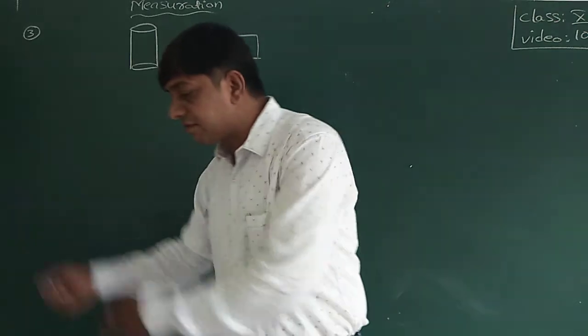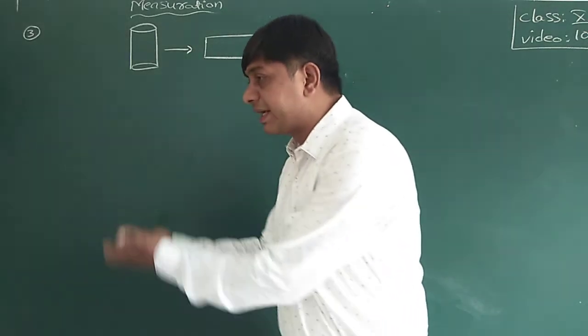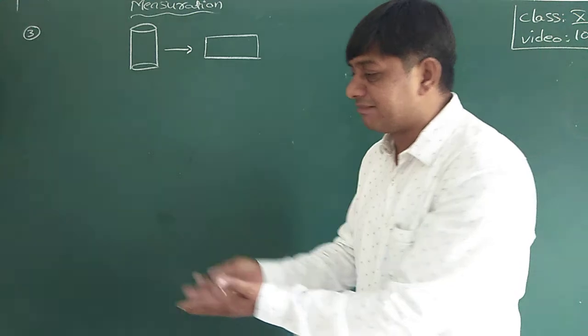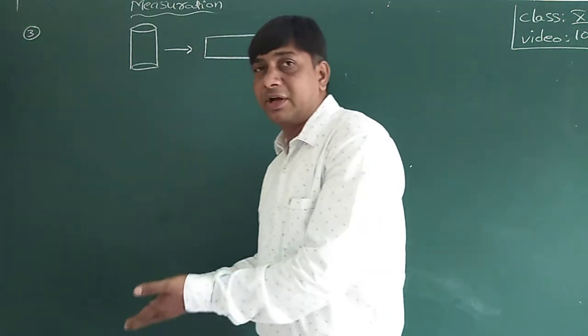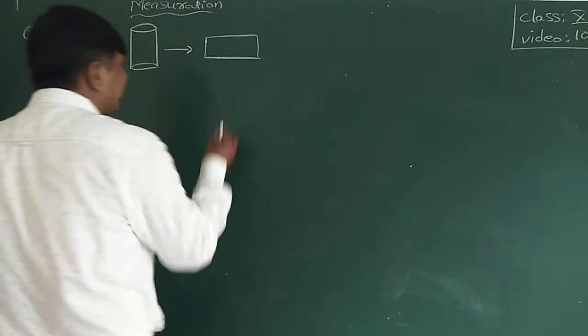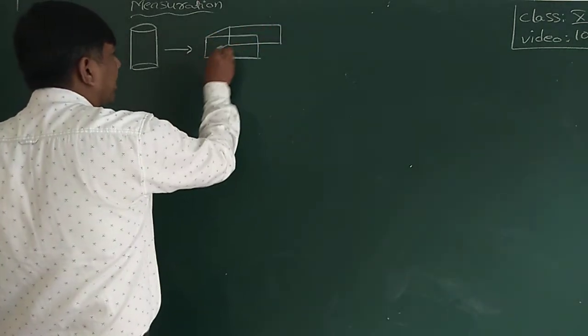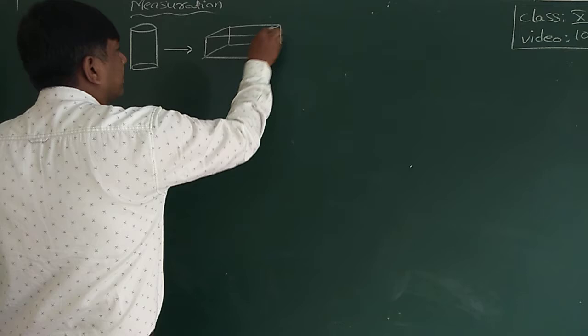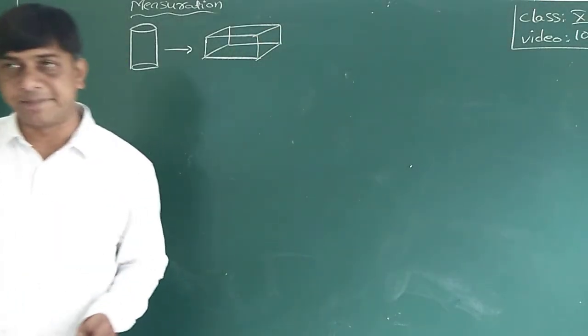When you pour that earth on the platform, it increases some length and width, and it also takes some height. Length, breadth and height, cuboid shape.